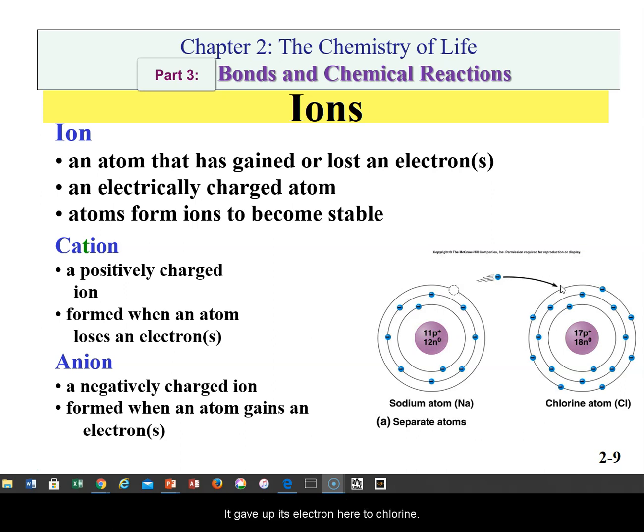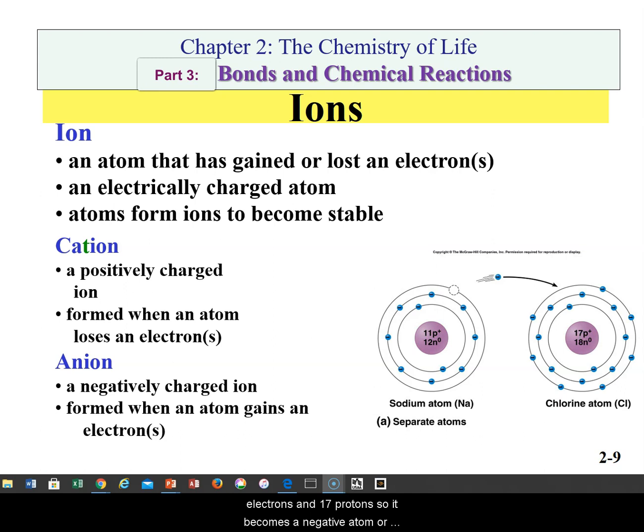It gave up its electron to chlorine, and as that chlorine atom gained one electron to fill its outermost valence shell, it became an atom with one extra negative charge compared to positive charges. So it gained an electron, and now it has 18 electrons and 17 protons.